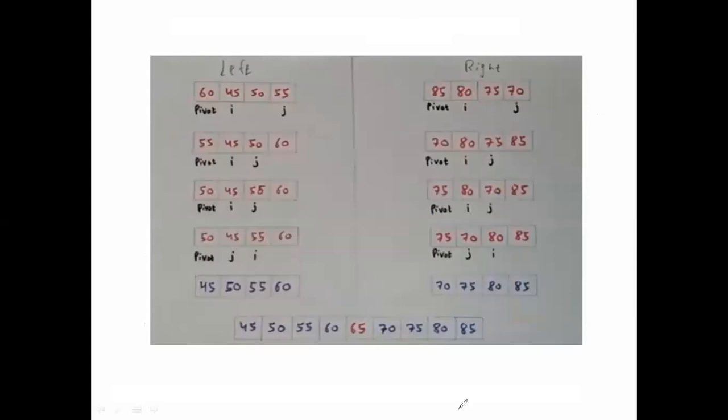i is incremented by 1 when the i value is greater than the pivot. Here the i value is not greater than the pivot, so we cannot increment i; i stays here. Then j is decremented by 1 when the j value is greater than the pivot. 70 is less than the pivot, and 75 is also less than the pivot.